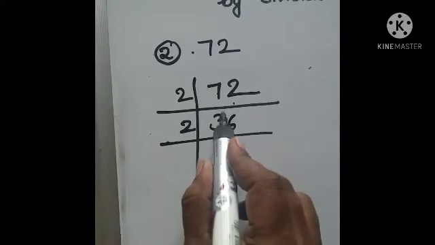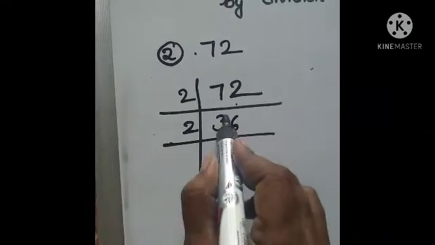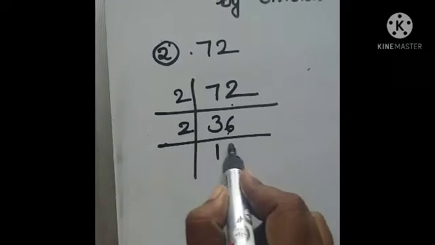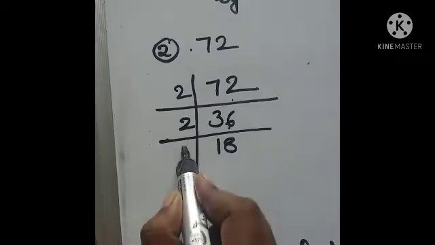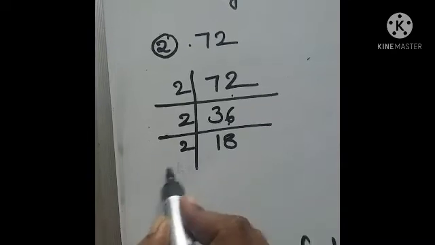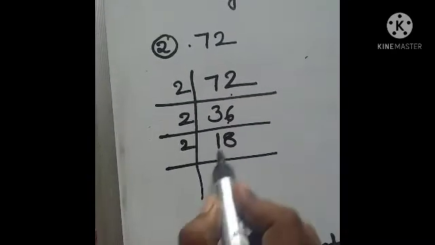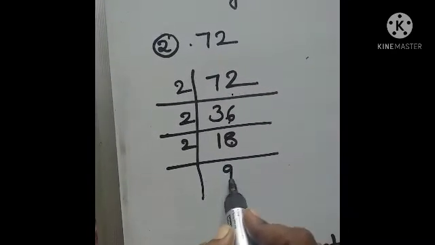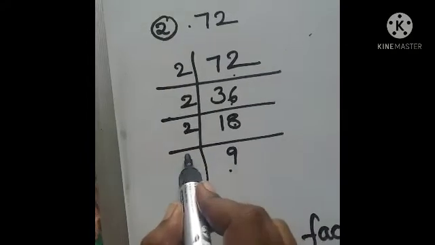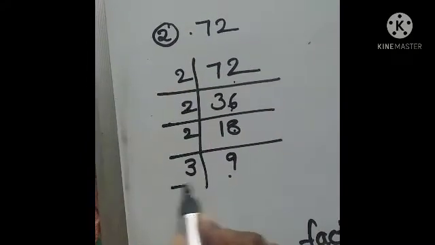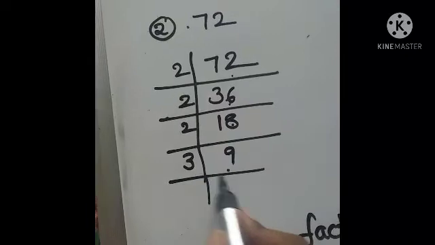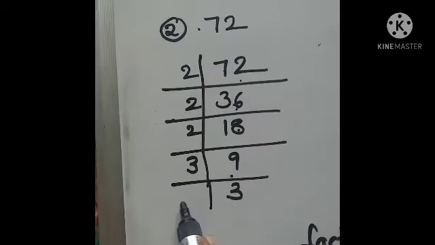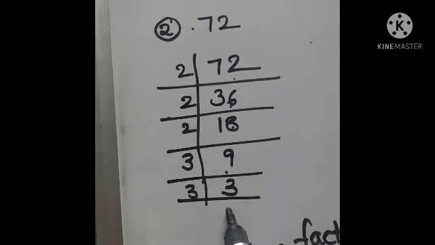Leftover 1. 16. 2 8s are 16. Then here 2 again, because 8 is also even. 2 9s are 18. 9 is an odd number. After 2, what comes next as the prime number? 3. 3 3s are 9. 3 1s are 3.